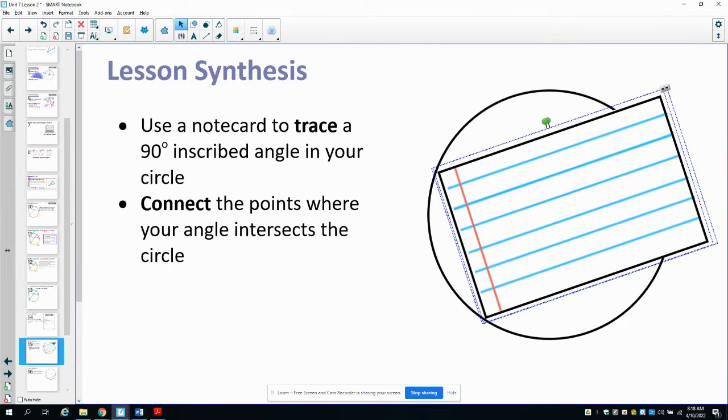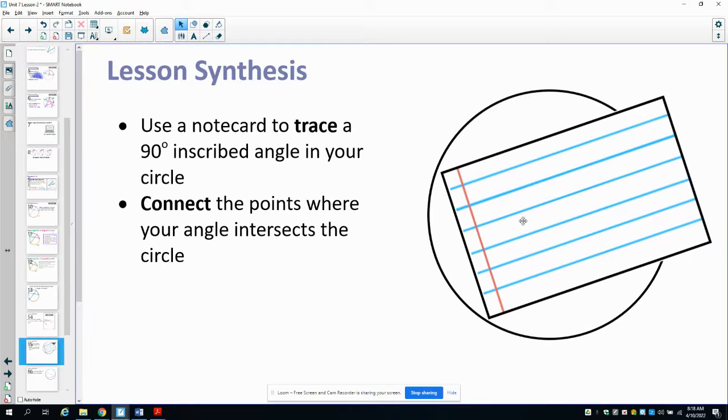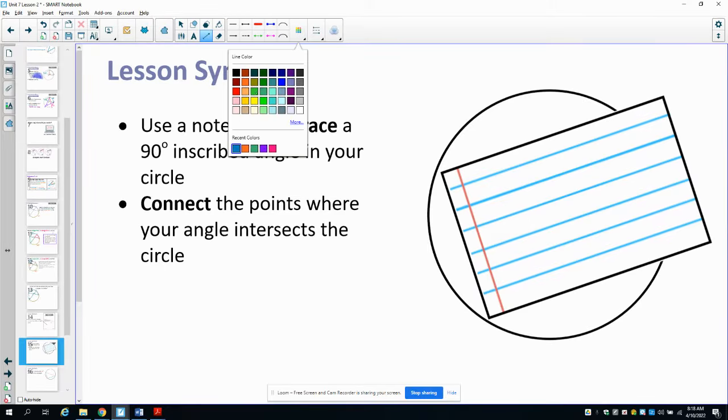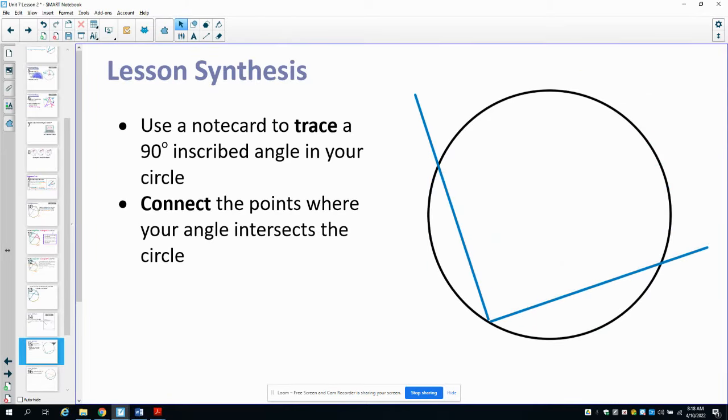So I want you to trace it to get the angle here. Just draw in this 90-degree angle. Just trace the edge of your card so that you have a 90-degree angle like that.